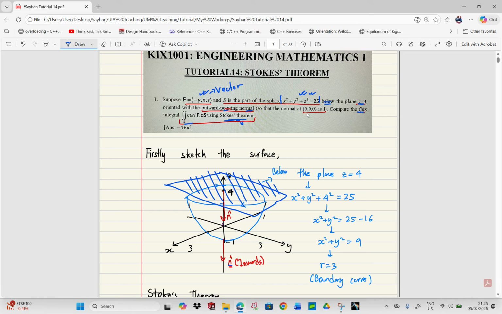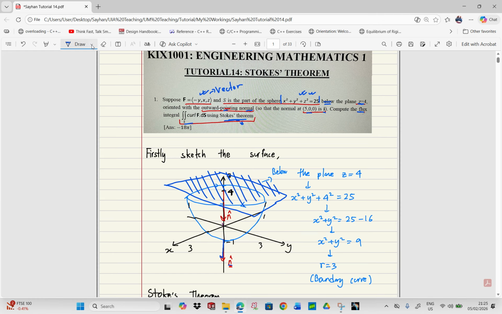So the normal at (5,0,0) is i. What does it mean? It means that the normal is going out. This is supposed to be going outwards, not inwards here. I think I made a mistake. It's actually outwards.